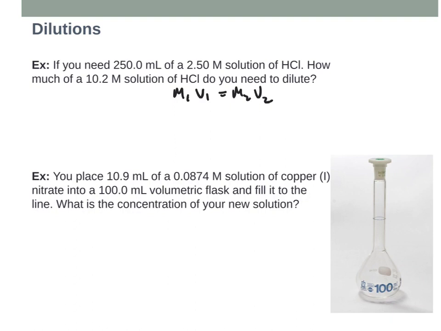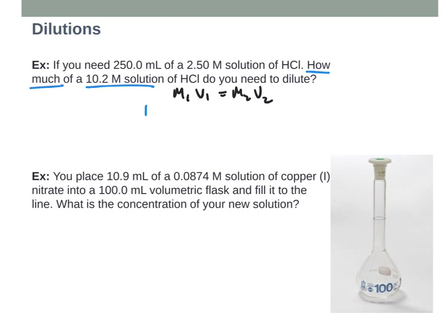So now the question is, if you need 250 milliliters of a 2.50 molar solution of hydrogen chloride, of hydrochloric acid, how much of a 10.2 molar solution of HCl do you need to dilute? So the more concentrated thing, which I like to put on the left-hand side for no real reason, it doesn't matter. So it's saying how much of this solution.